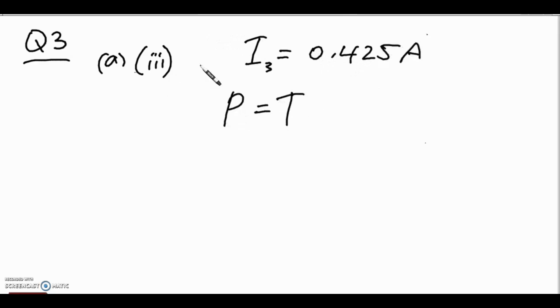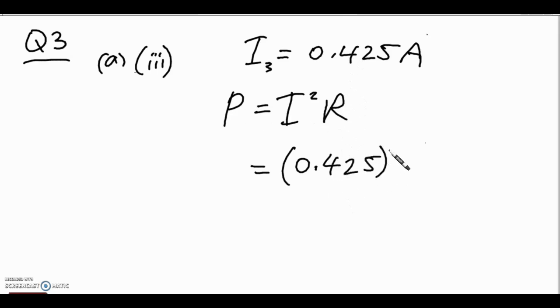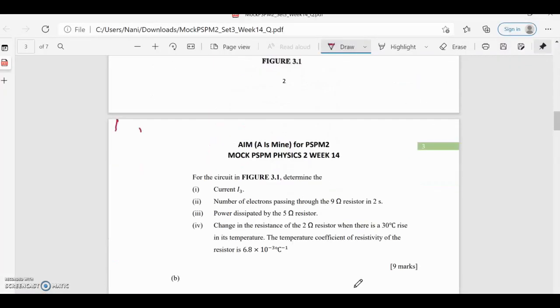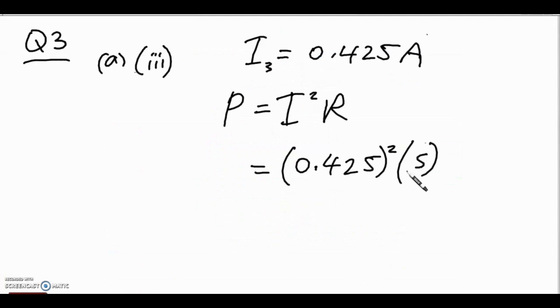We know that power equals I squared R. So we can straight away substitute 0.425 squared times R, where the resistance is 5 ohm. That will give you 0.903 watt.